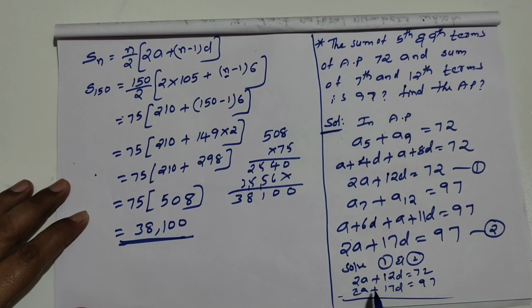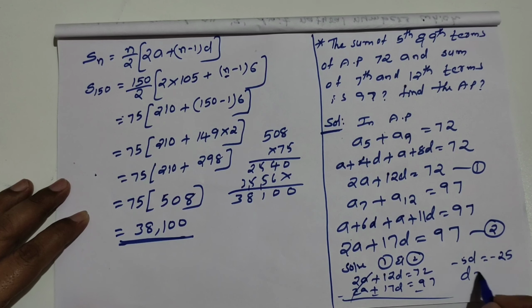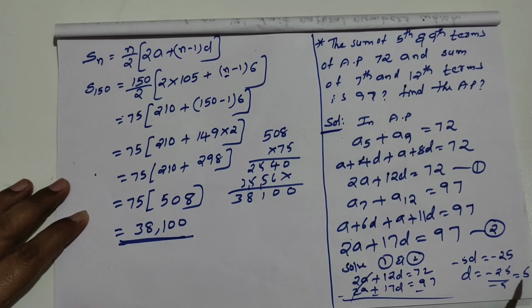By subtracting, the elimination method, 2a cancels, and we get minus 5d is equal to minus 25. Then d is equal to minus 25 by minus 5, so we got d value 5.